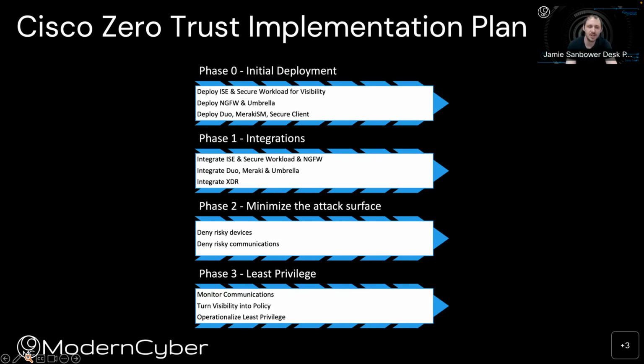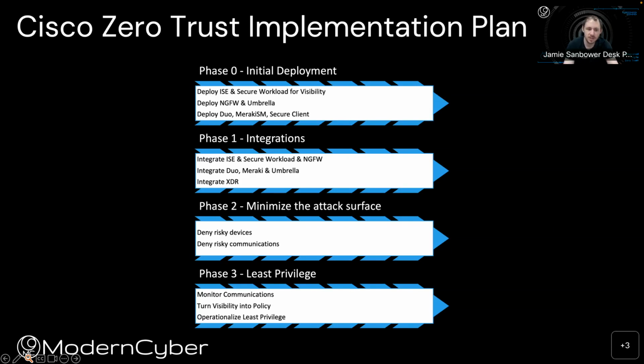One of the best practices here is to define a level of low trust, that would always be denied, medium trust, which can access some applications and data, and high trust, which gets a level of privileged access. And then once we have the ability to deny based on that level of risk, then start to deny some of the risky communications. So I'll give you a great example here.